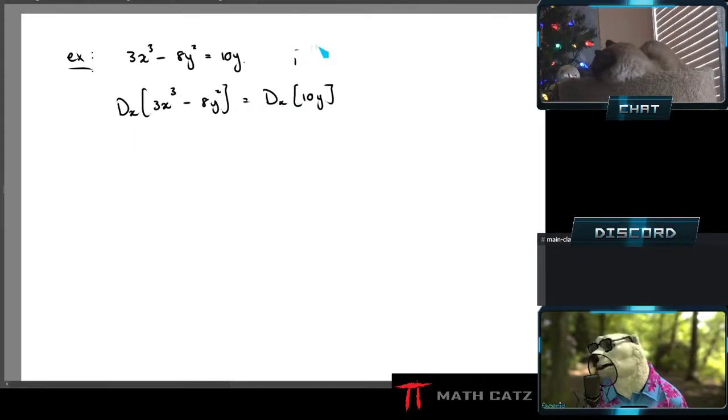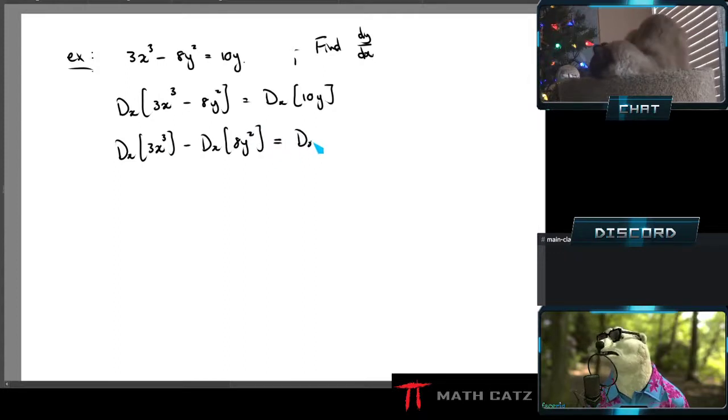Now my goal, remember, is to find dy/dx. Okay. Now I'll break this up by the difference property, just because I want to. 8y squared equals, handle all these derivatives in a second.